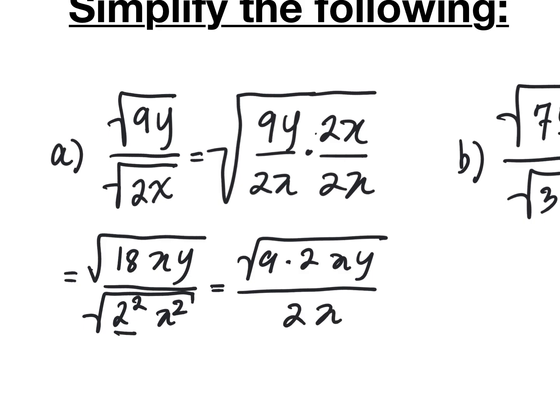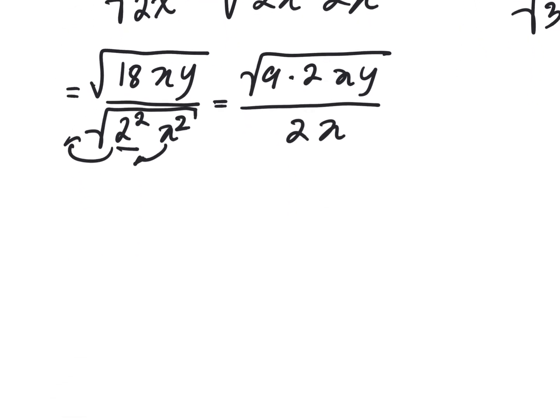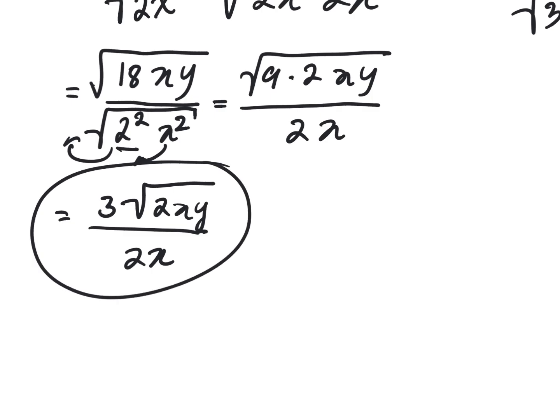If we simplify this one, it will just go out of your radical sign. This one will also go out of your radical sign, and that's just going to give you 2x. Okay, let's continue. We're not done yet because the square root of 9 is 3. So that's going to give you 3, and what is left inside the radical sign is going to be 2xy all over 2x. So this is now your final answer.